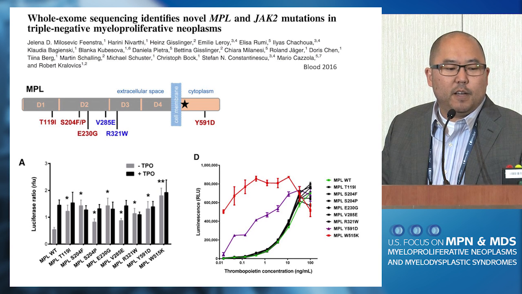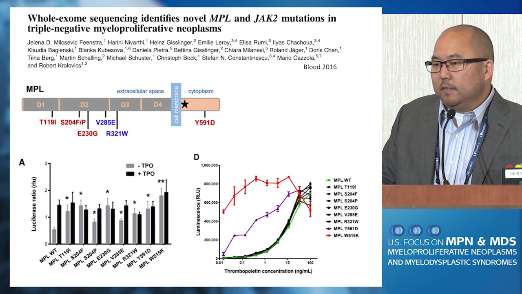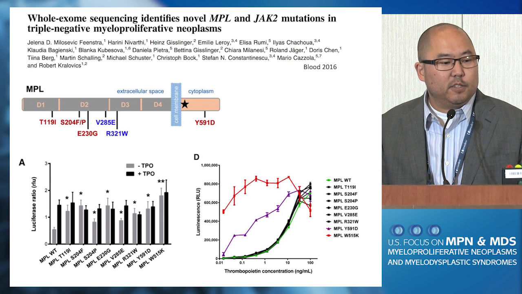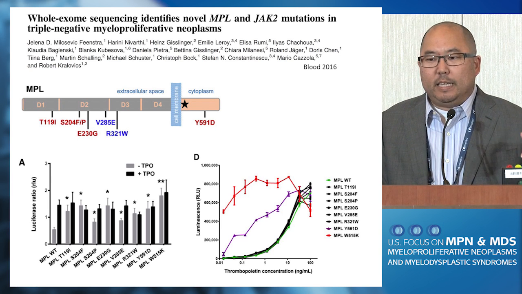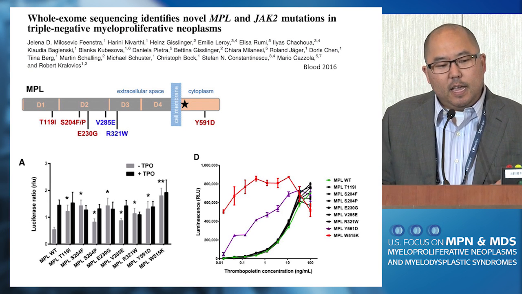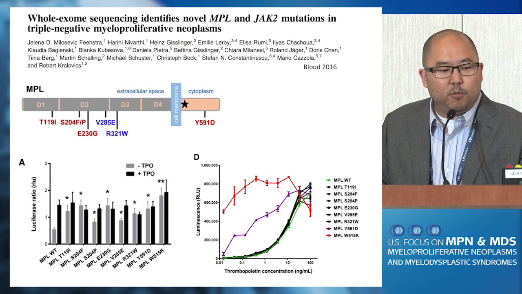This is the Y591. And so the functional effects, at least in this system, appear to be relatively mild. And the question is, are these really truly drivers? Do they need to cooperate with something else? Does it matter if they're germline versus somatic? And so it makes the clinical interpretation still not entirely clear as to whether these are really the full extent of what's causing these diseases.